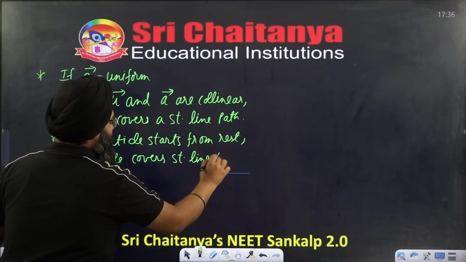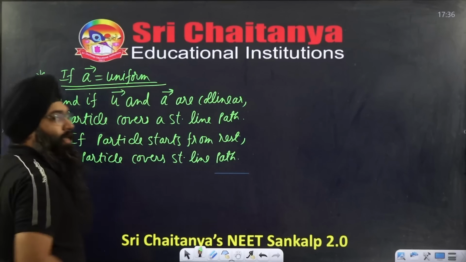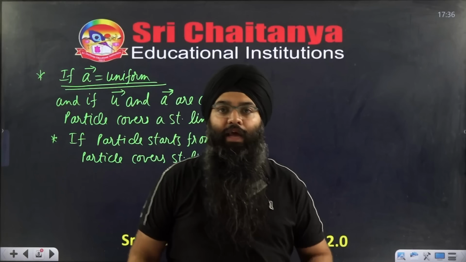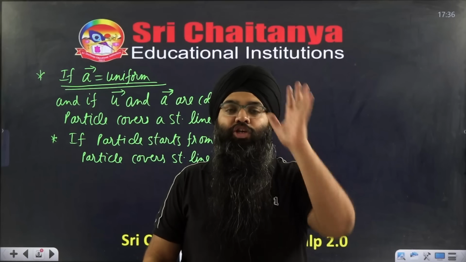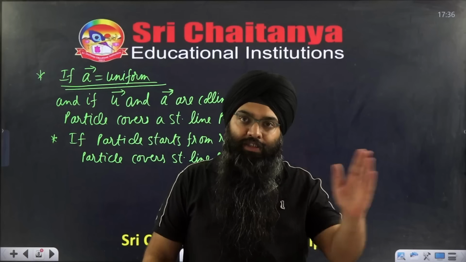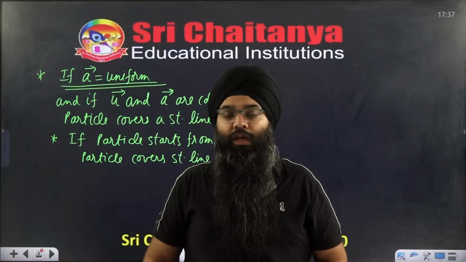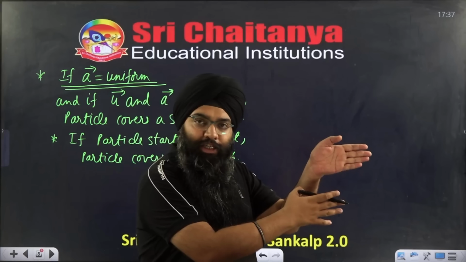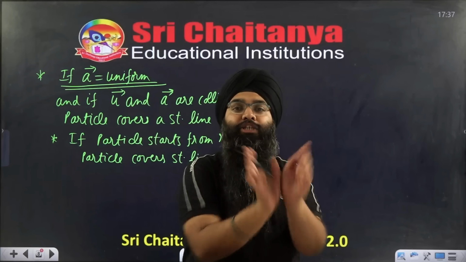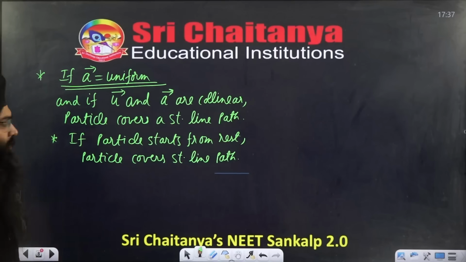Very important concept. All these things I am writing in context with uniform acceleration. Whenever there is a particle moving under uniform acceleration and the initial velocity of the particle is 0, then it will cover a straight line path. If the initial velocity and acceleration are collinear with each other, collinear means either both are in the same direction or both are in the opposite direction. In both these cases, the particle will follow a straight line path.